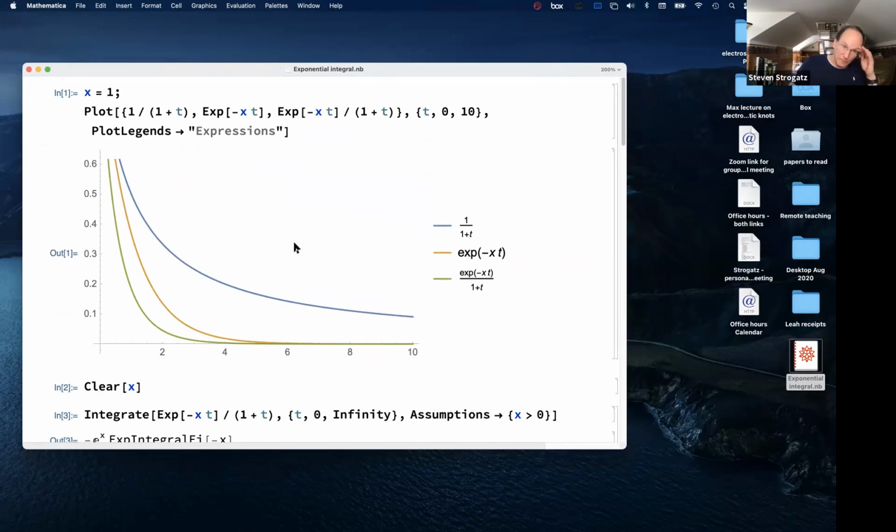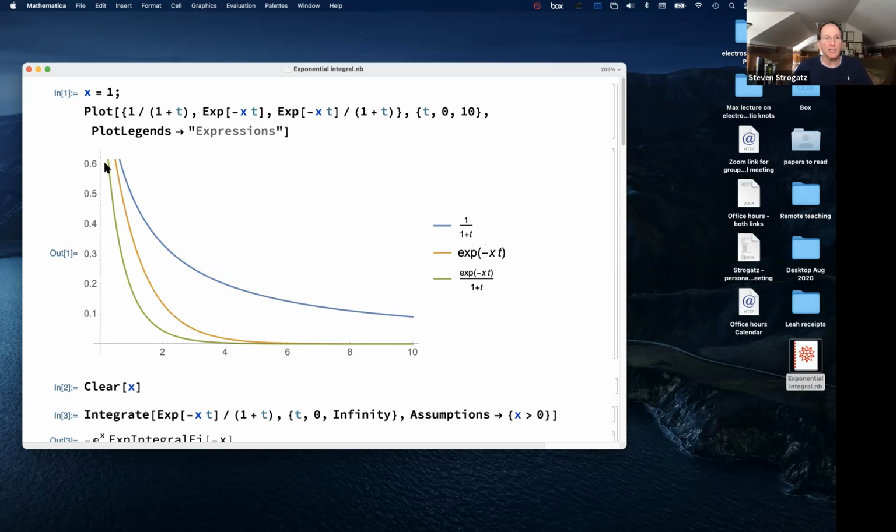I'm doing the case of x equals 1 rather than x equals 10. And I just wanted to graph the various functions that we've been talking about today, 1 over 1 plus t. I mean, what's really going on in this integral? We had a decaying function 1 over 1 plus t, which we were then multiplying by this exponentially decaying term, e to the minus xt, this orange term.